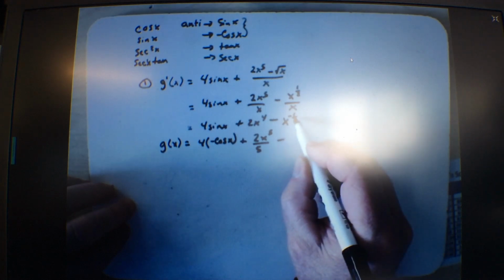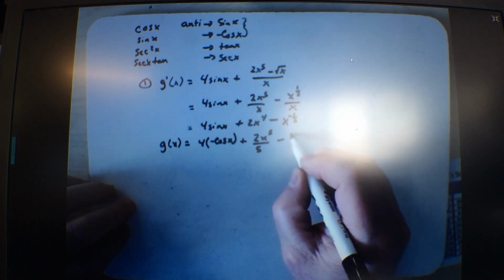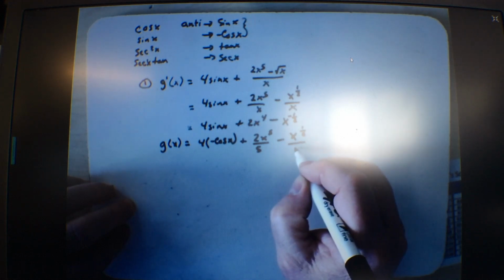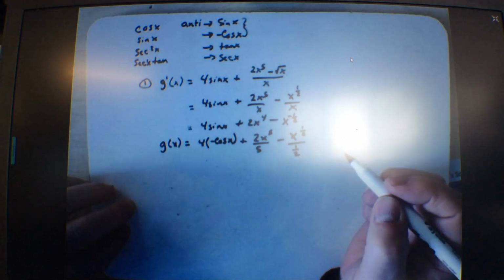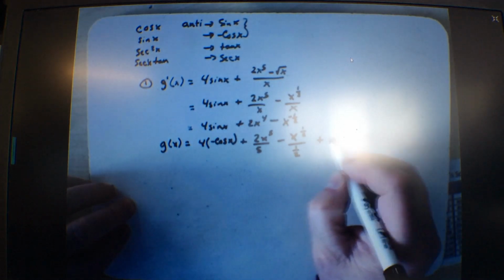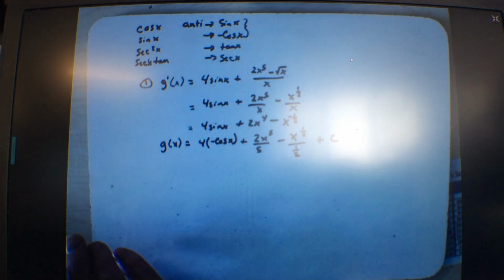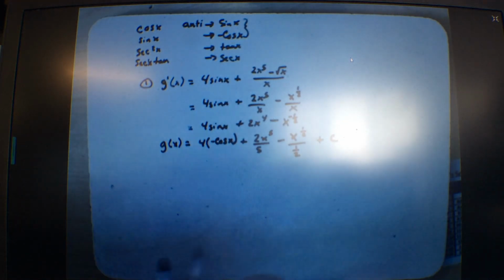Then I raise the negative 1/2 up 1, so it becomes a positive 1/2, and we divide by that 1/2. And then please don't forget the c. I've actually had some people forget the c on every single problem and miss every single one on the test. So don't forget that.